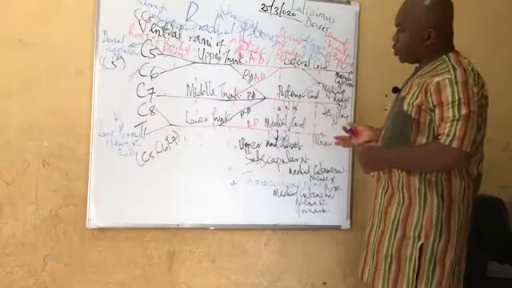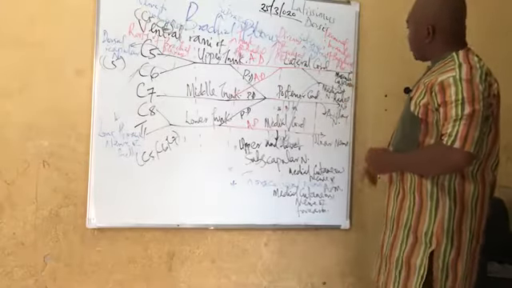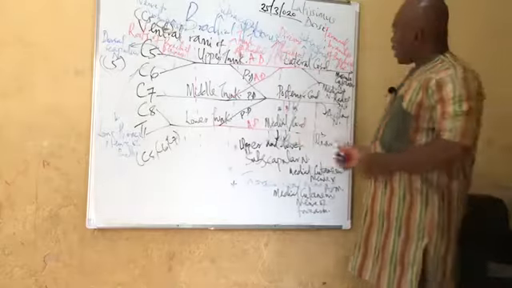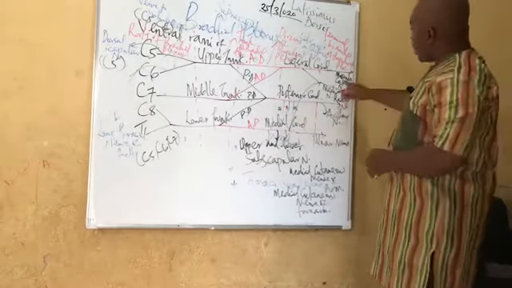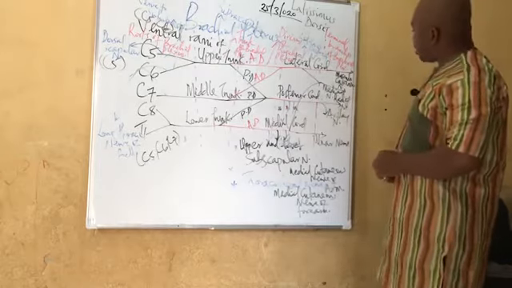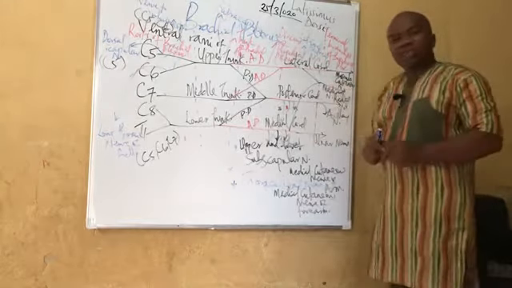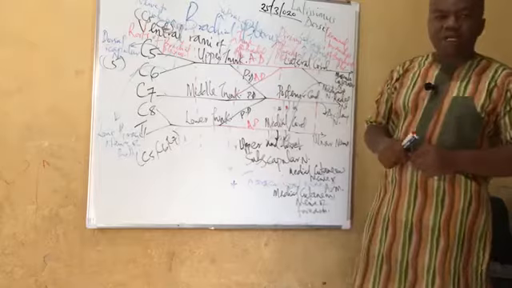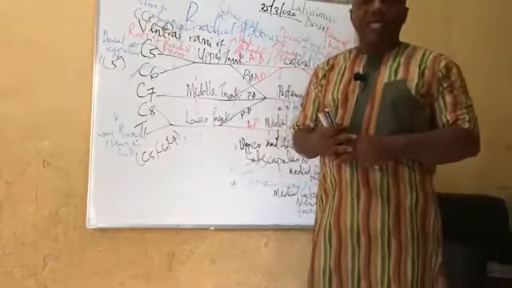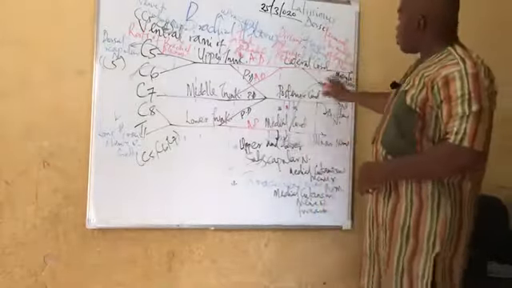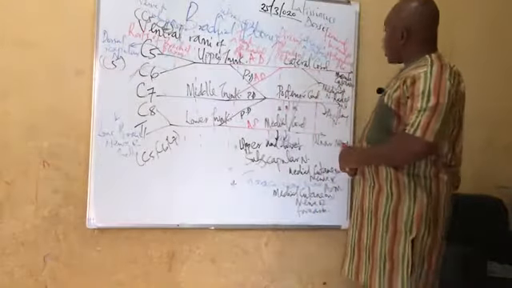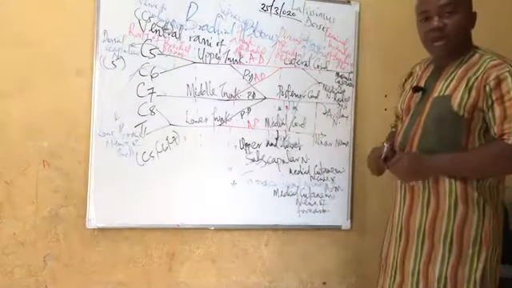Then we will move to the terminal branches of the brachial plexus. You have, number one, the musculocutaneous nerve. The musculocutaneous nerve supplies the biceps muscle, the brachialis, and the coracobrachialis. All these muscles are found on the anterior compartment of the arm.